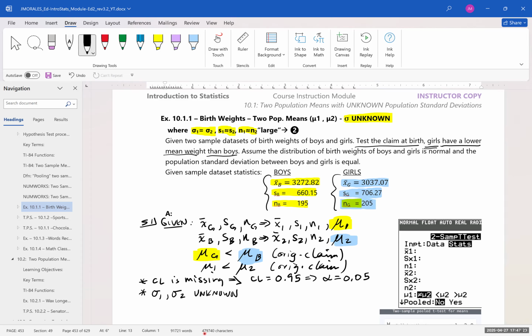So even though that's unknown, we still know that the standard deviation for the birth weight of boys is going to be equal to the standard deviation for the birth weight of girls. And because of this, we're going to be able to pool the standard deviation.